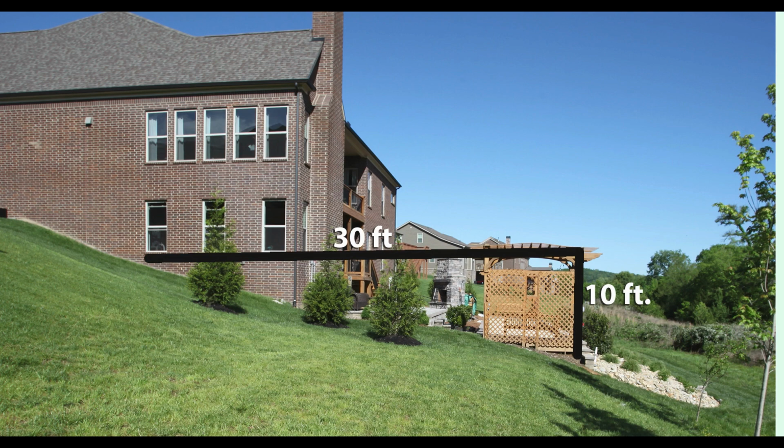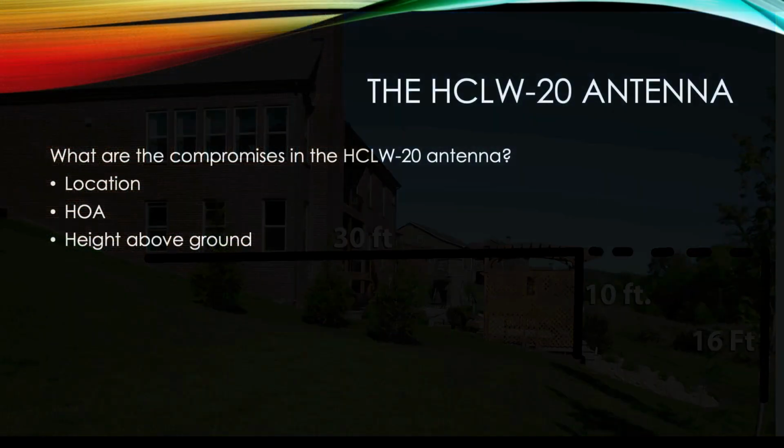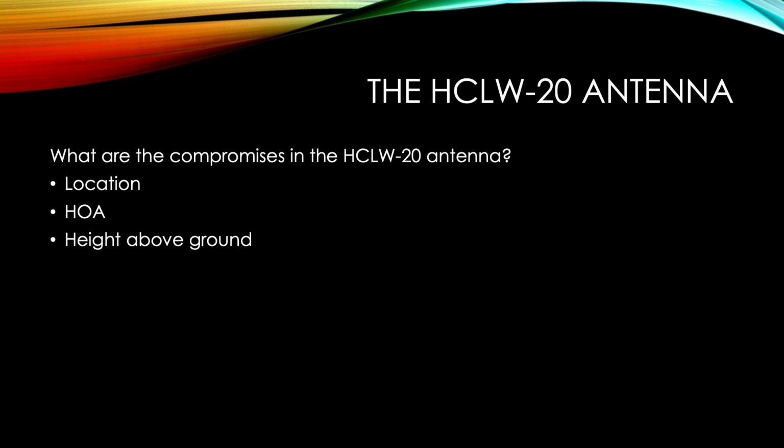And if you go to the horizontal plane to the southeast, it's only about 20 feet before it hits ground level again. And if you go the horizontal plane to the northwest, it actually slopes down even further, and the antenna ends up being about 16 to 17 feet off the ground. And that is the third compromise with this antenna, the height above ground.